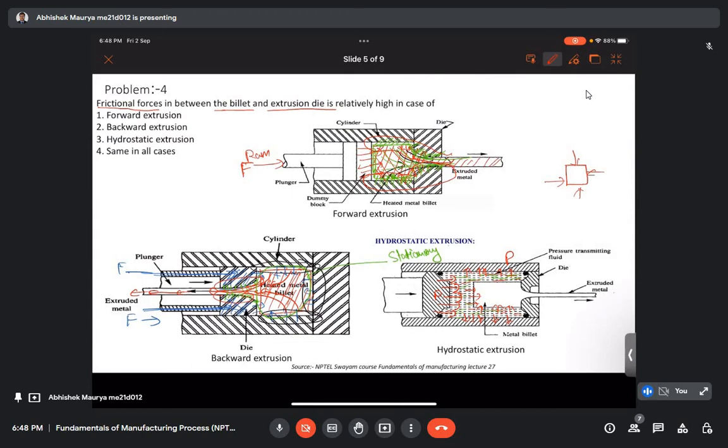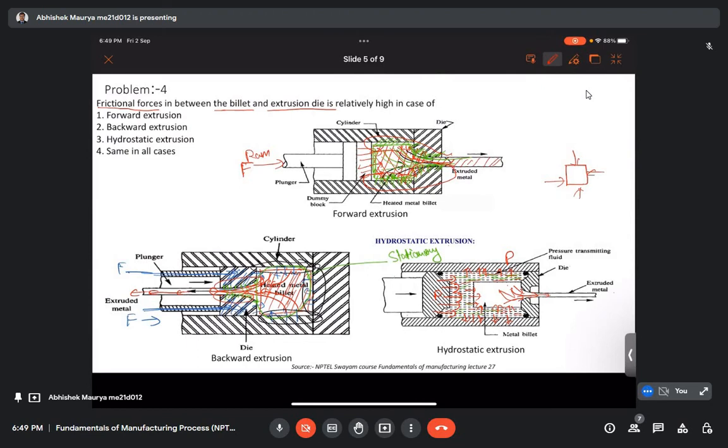Then in the other directions there is a possibility of crack propagation. But now the fluid is there, so pressure is applied on the billet in all directions. So in all directions crack propagation is reduced, and the only way for the material to come out is to flow in the direction of the die. So this is used for brittle materials.